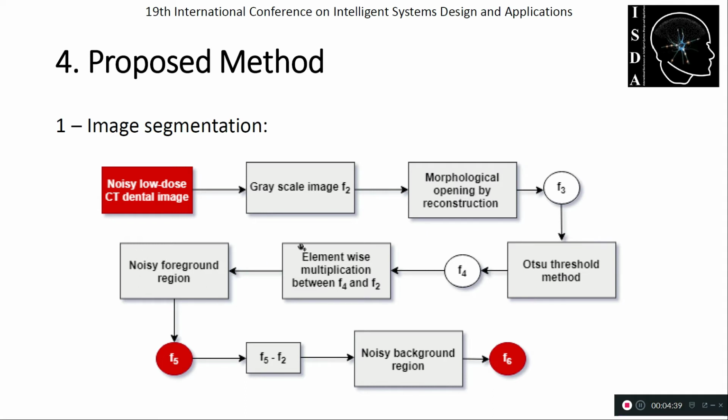For that, we apply an element-wise multiplication between this image and the grayscale level image, which we will denote as F5. And in order to obtain the noisy background region, we simply subtract this image from the grayscale level image, and then we obtain the background region.